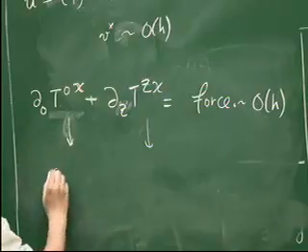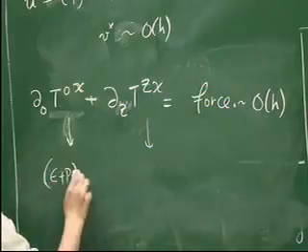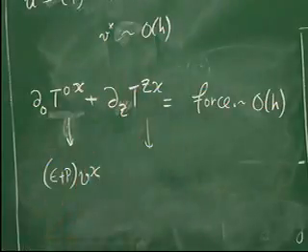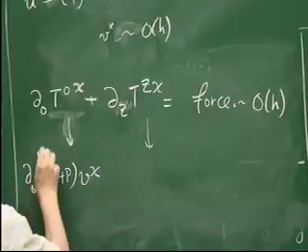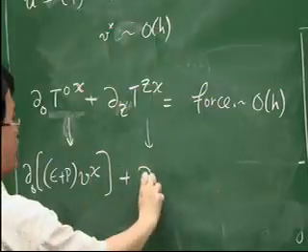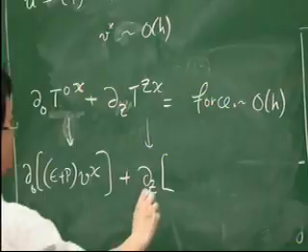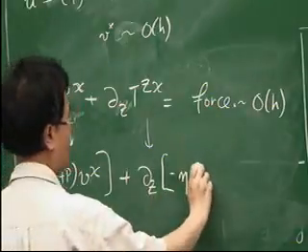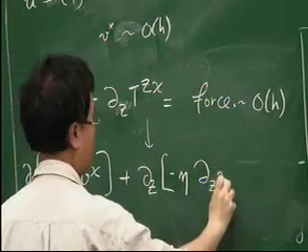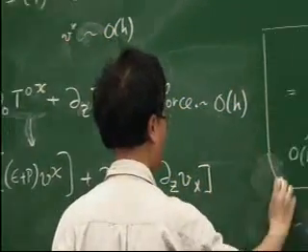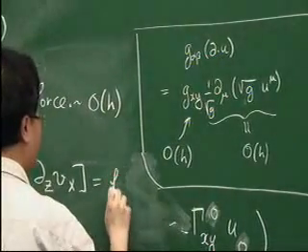This one is epsilon plus p times Vx, and the only component that is non-zero is minus eta, and then dz Vx. So when you work out every possible term, you'll find that it is equal to some force.